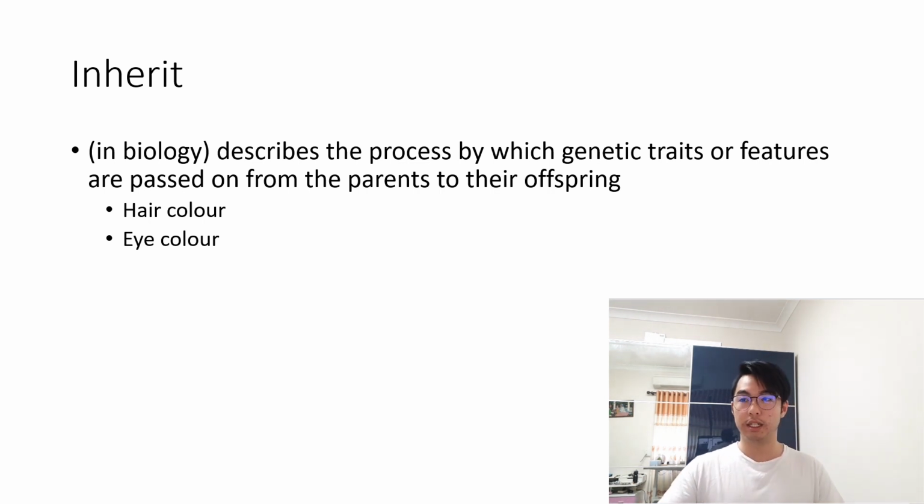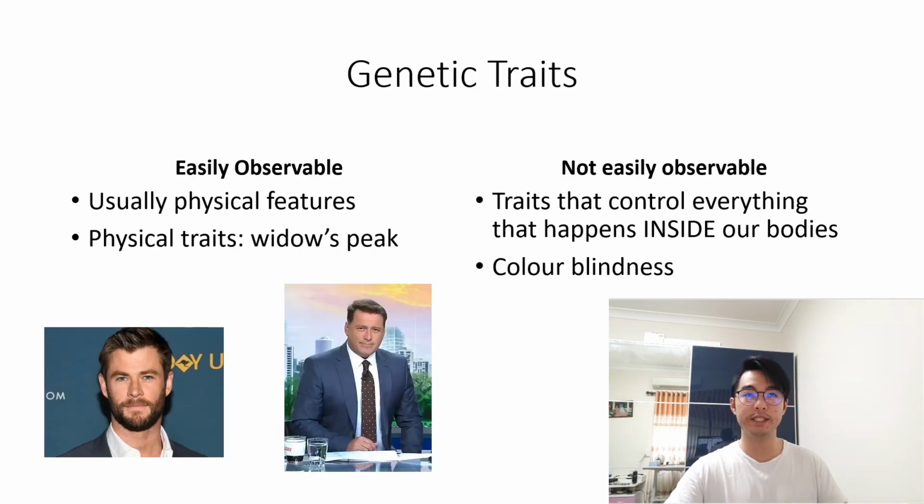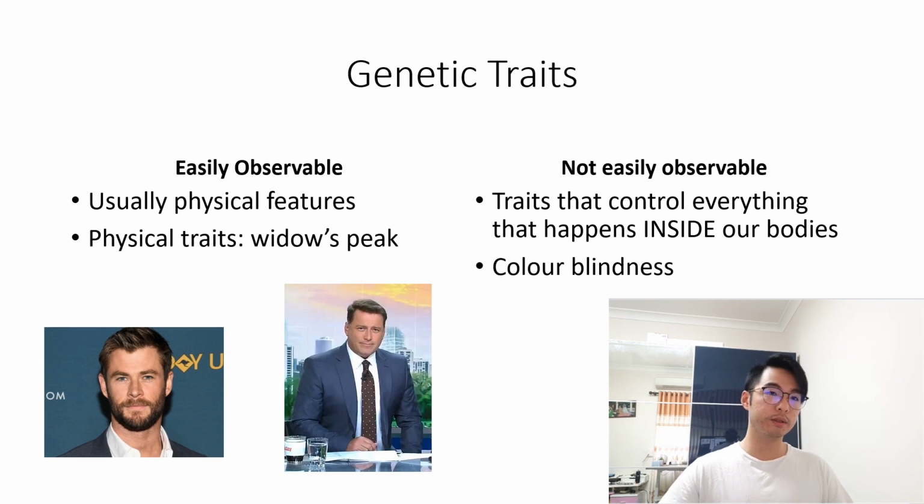Okay. And these are just some of the traits that are observable, easily seen. And genetic traits that are easily observable are usually physical features. And here I've got two images just from Google Images of two dashing Australians.